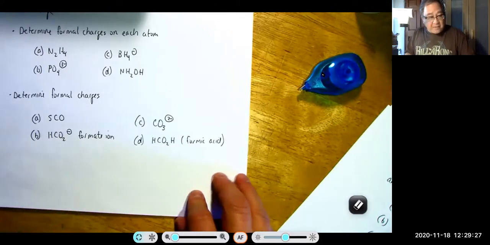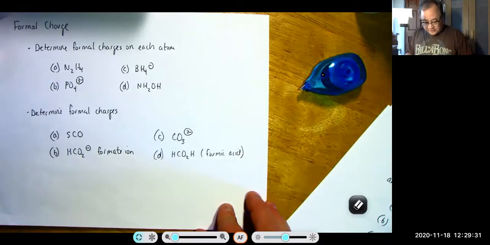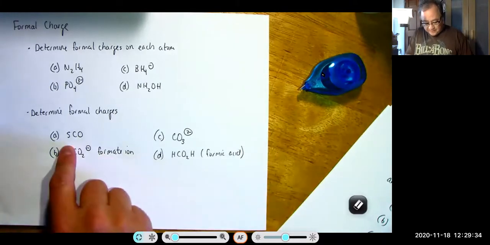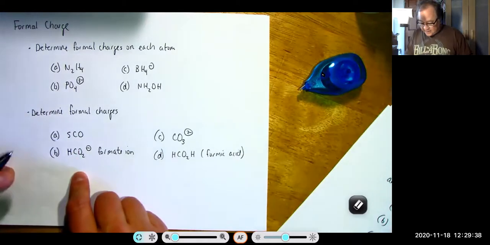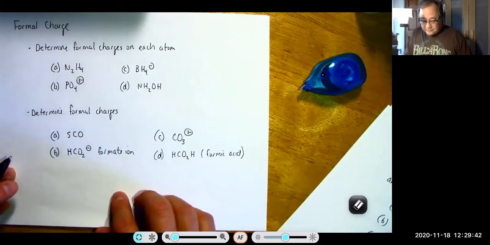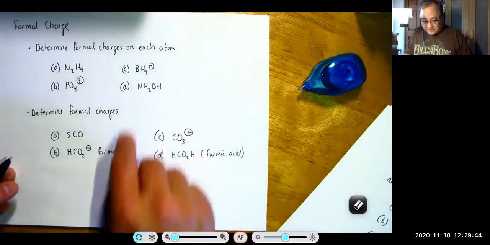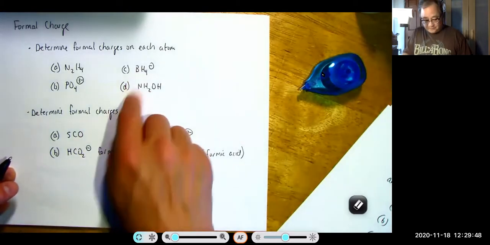So this is not about molecular geometry, it's just about formal charge. Let's take a look at this one here because it's interesting. Actually, let's do this one here because it's an anion.